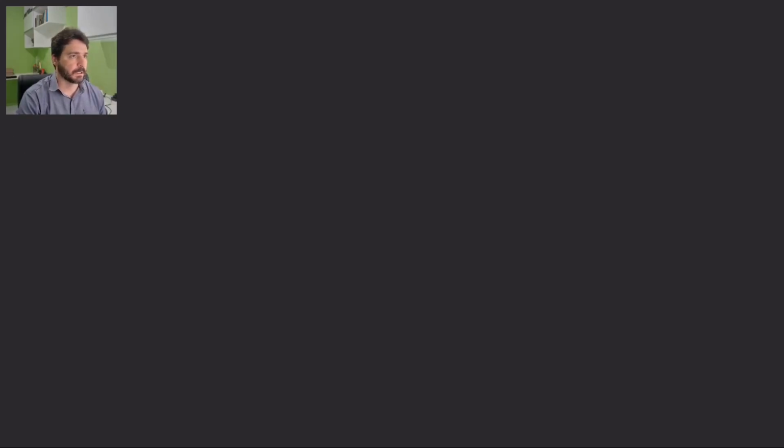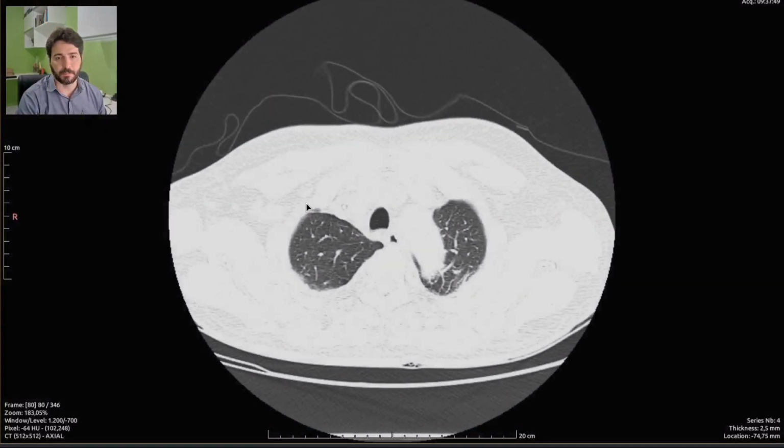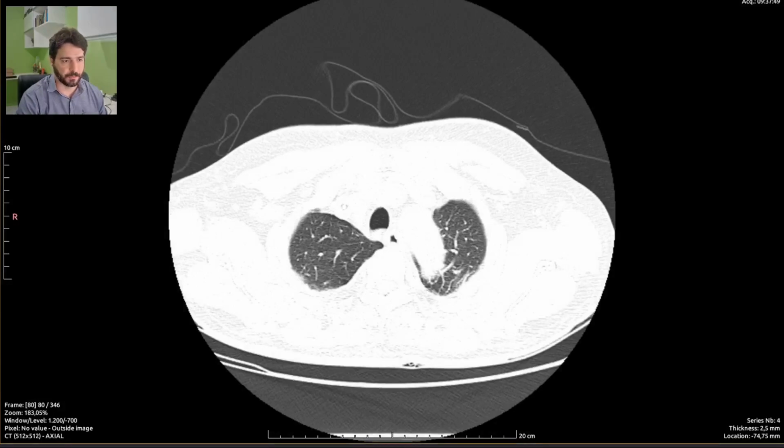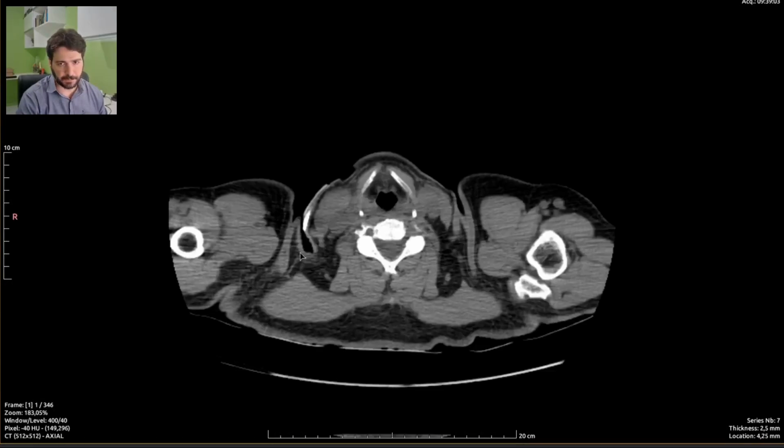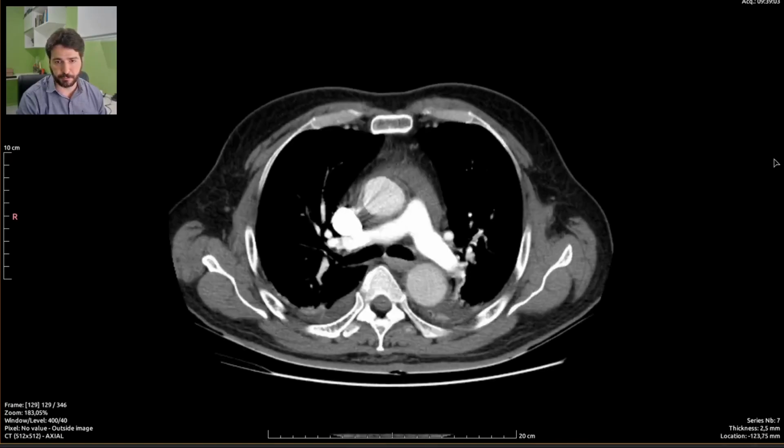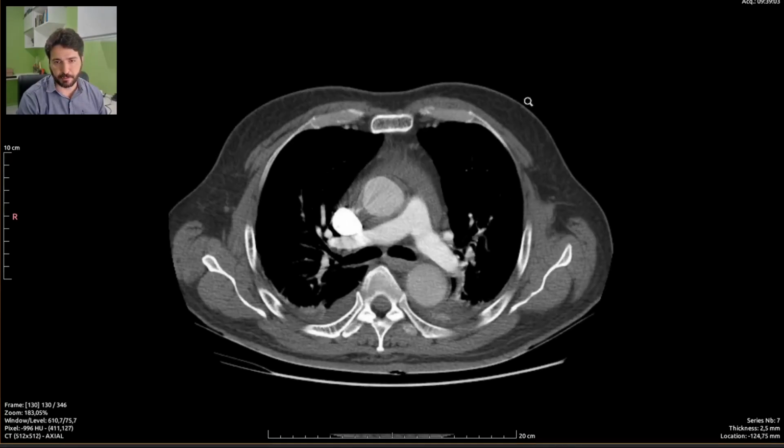So the images are almost here. We have to wait just a few more seconds, 5 seconds, 4, 3, 2, 1, and we've got it. Let's load them. Yep. So this is the arterial, pulmonary arterial phase.